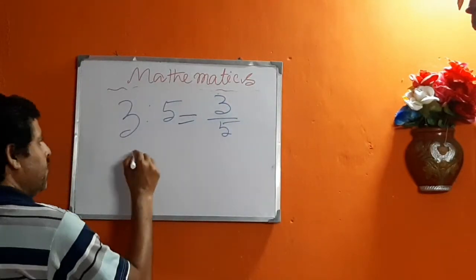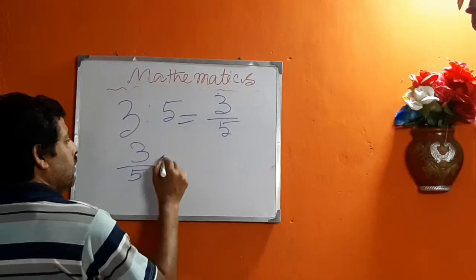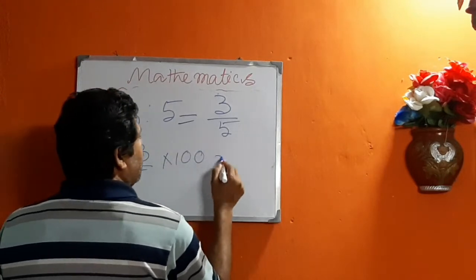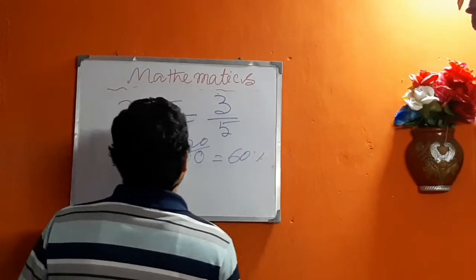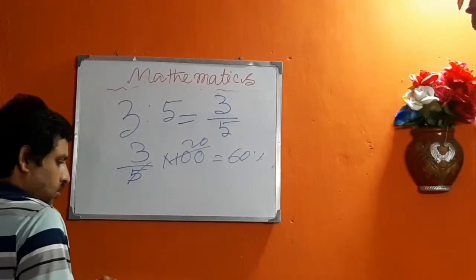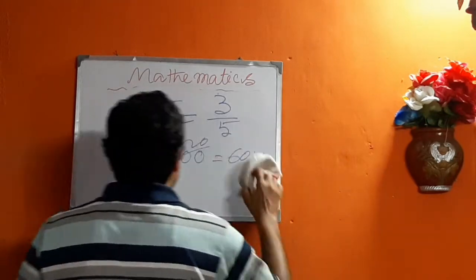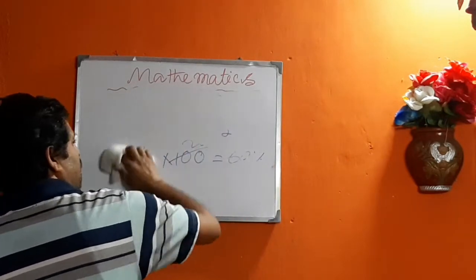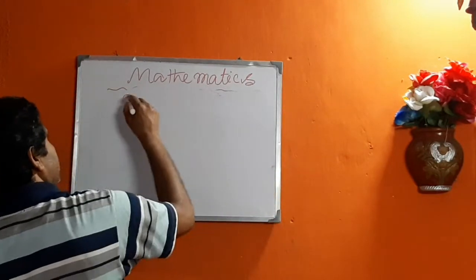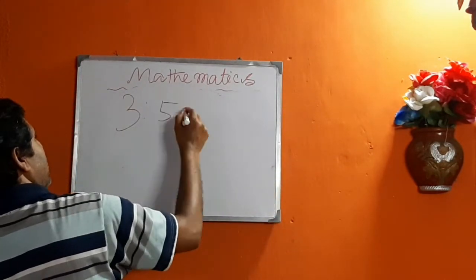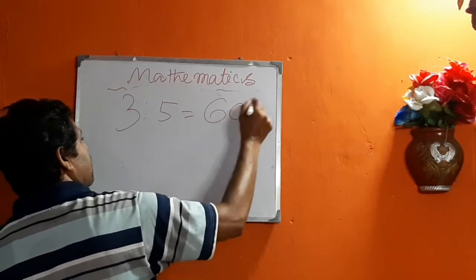Then it is multiplied by 100. After cancellation, 60%. So the ratio 3:5 gives me 60%.